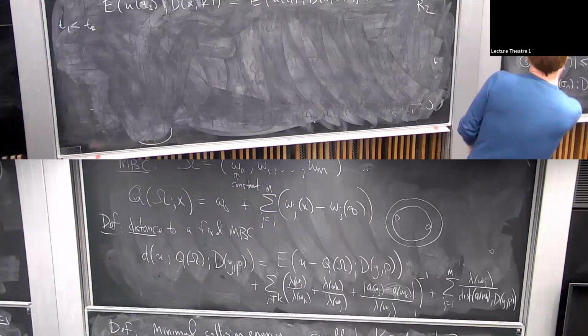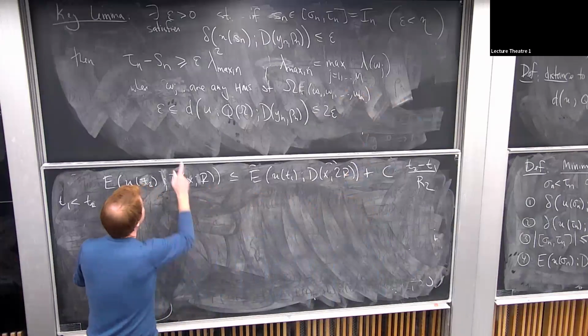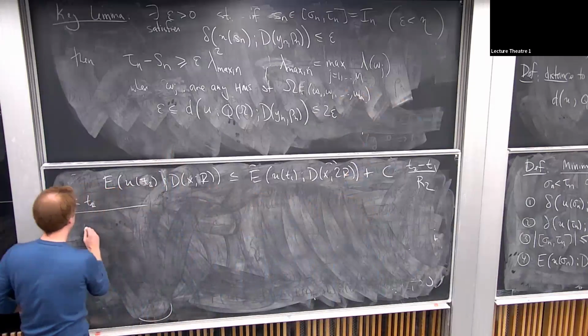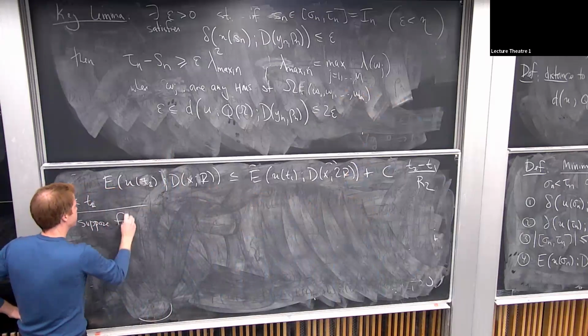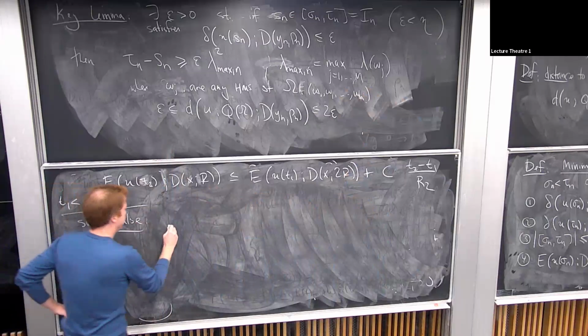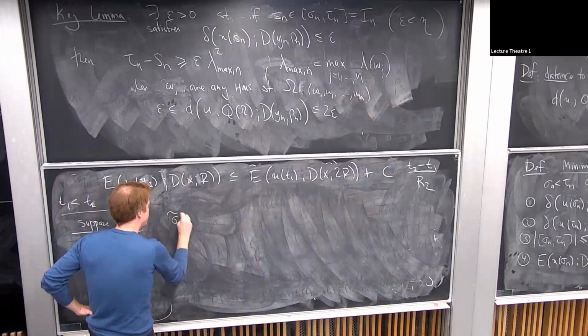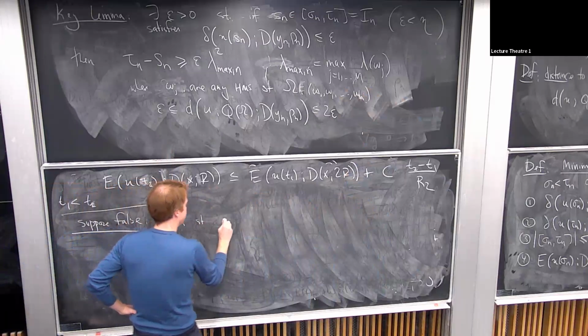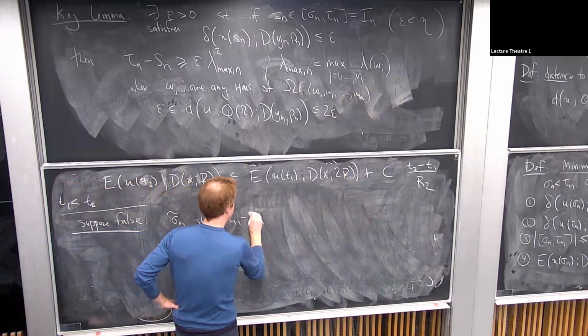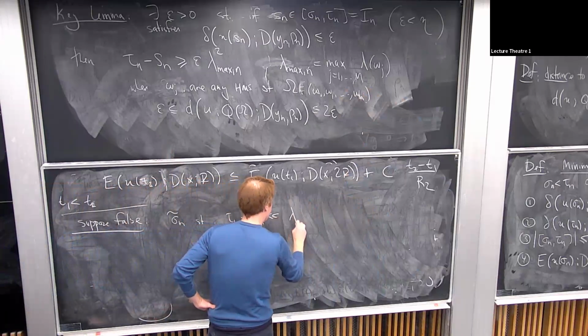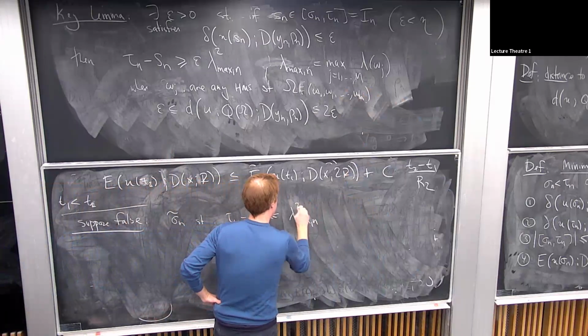And okay, so how do I use this? Well, suppose, for the proof of the lemma, that the lemma is false. Then I could find times sigma n tilde, such that tau n minus sigma n tilde is much less than lambda max n squared.